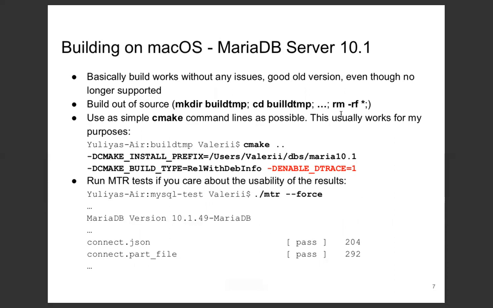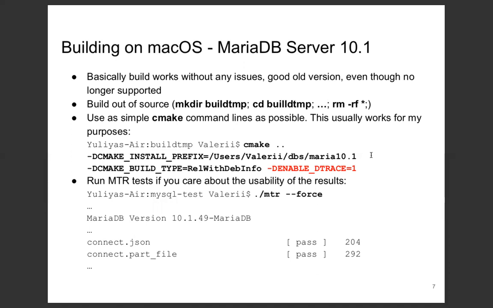I would also suggest, based on the mistakes I made, to use as simple a CMake command line as possible. In my case, I had at least two things to change for sure. First of all, I would like my versions to coexist, so I use different prefixes for different major versions of MariaDB.